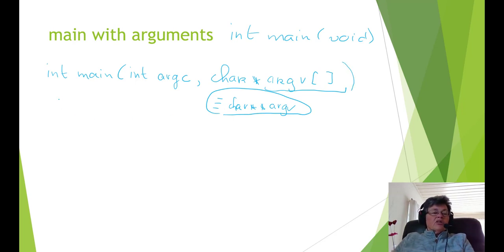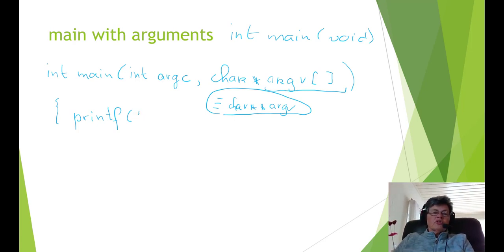Okay, in this function then we can use this argv in any way we like. So within the Adidas assignment we're going to use argv to open a file. So we could for instance just do a printf of these arguments, and then the first argument is a special one.